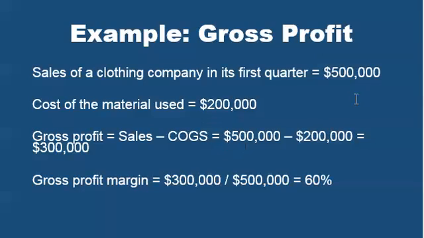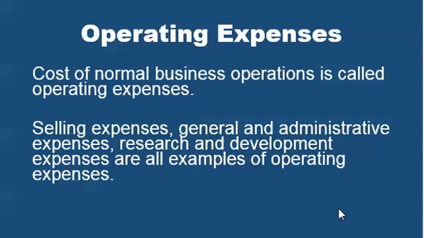In our case, $500,000 minus $200,000 gives us $300,000 as gross profit. So what is our gross profit margin? Gross profit margin is $300,000, the gross profit, divided by total revenue, which is $500,000, and that gives us a 60% gross margin.